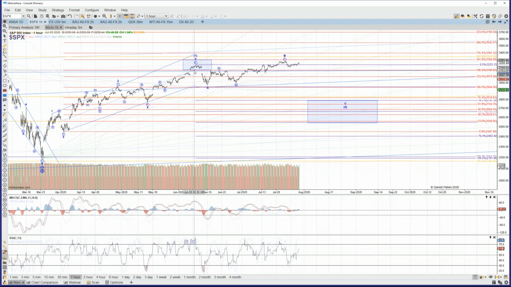The alternative way of viewing this, and especially if price does not roll over from here and instead continues to climb higher, this is still working on the initial wave 1, and this is one of the potentials that Avi has been going over and illustrating over the last several weeks.